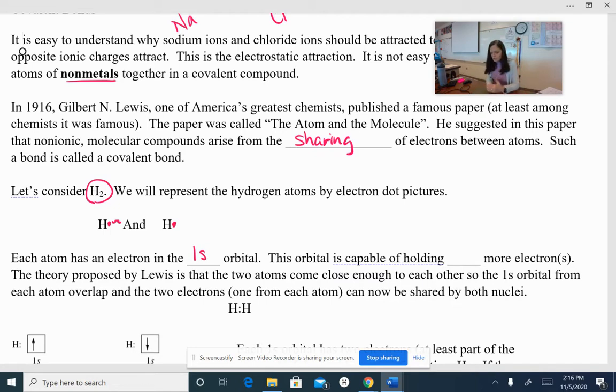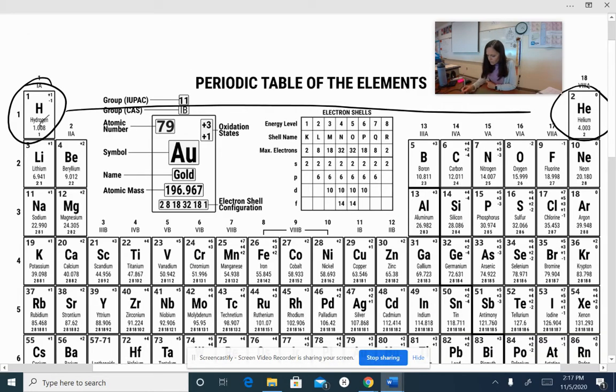It's the very first orbital. Now, all orbitals are capable of holding 2 electrons. So how many more electrons can we hold in that 1s orbital if we already have 1? We can hold 1 more electron. And if we hold 1 more electron, don't we get the noble gas configuration of helium? That's a little bit more stable.